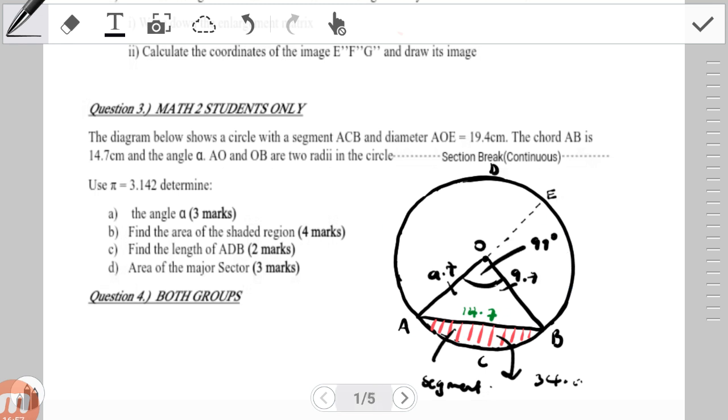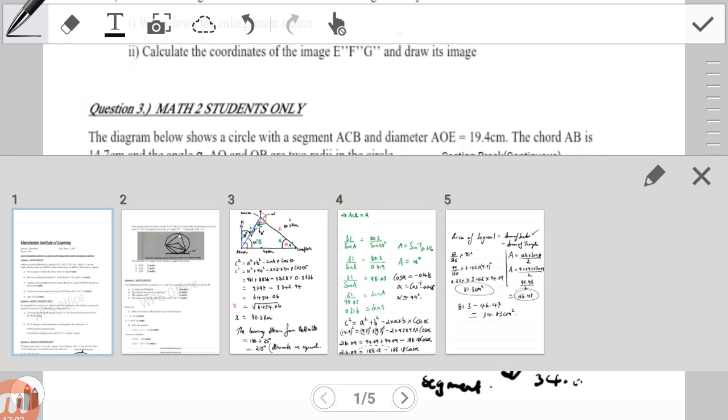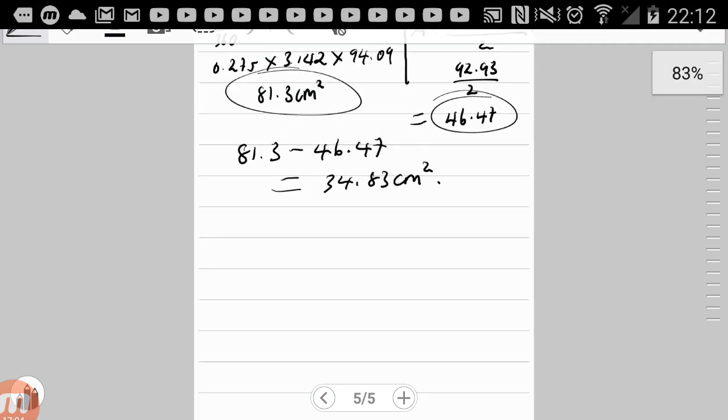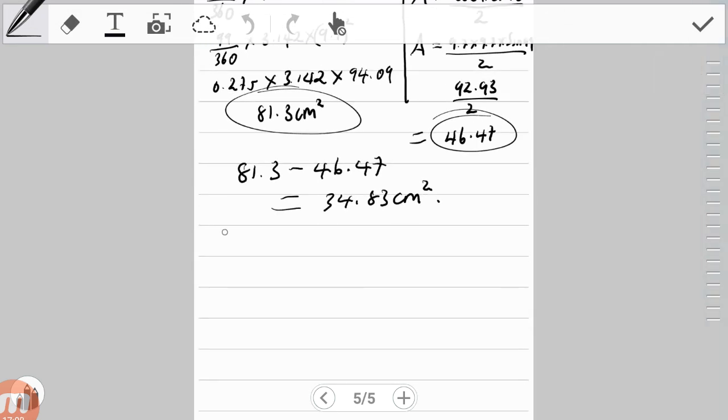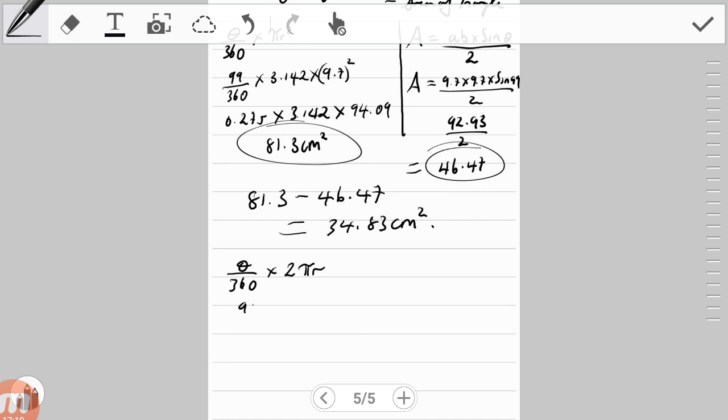So we're going to be calling on our arc length formula. That is a pretty similar setup to that of the area of the sector. It's just that here it is theta divided by 360, but because we're looking at the distance around the circle, we're going to be multiplying it by 2 pi r. Again the angle is 99 divided by 360.